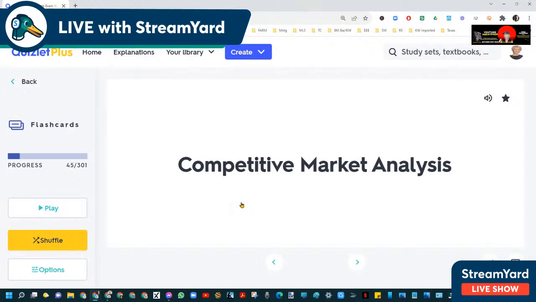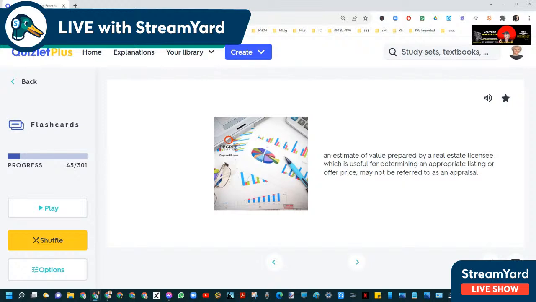We want to sell it quicker, and what's sold within the last 6 months. That is a competitive. The comparable only has sold, and that's usually what we show to a buyer. Got it? Very good. CMA. It could have been comparative, right? But CMA works.